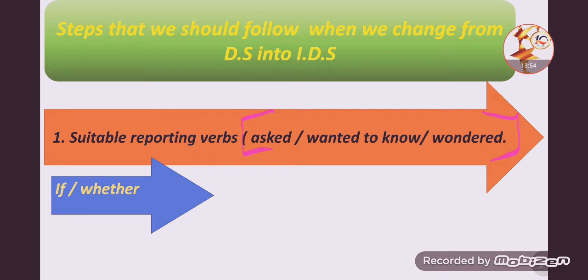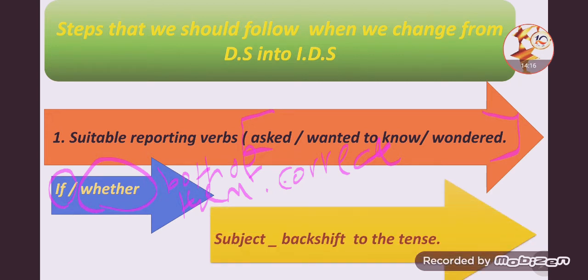The second thing, after this reporting sentence or after this reporting verb, you either put if or whether. Both of them correct. يعني التنتين صحيحات correct. Okay. But as I told you, one of them is formal اللي هي whether، و less formal اللي هي طبعا ال if. طيب.